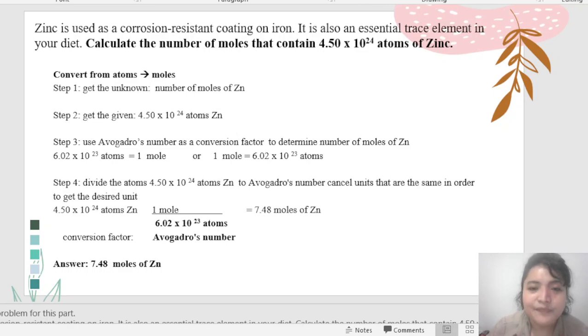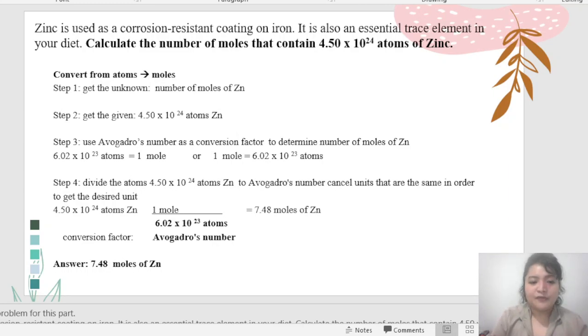Now, again, I always repeat it. The third step is very crucial. So you have to determine the appropriate conversion factor. So this time, we have the number of atoms is equal to 1 mole as the correct conversion factor. So therefore, step 4 should be the calculation of what is to be solved in our problem.